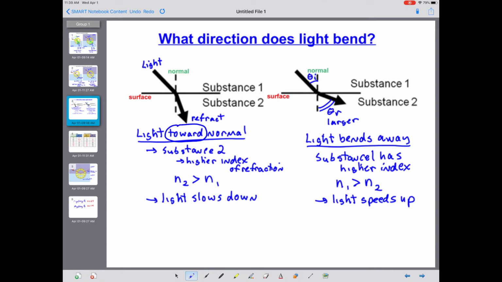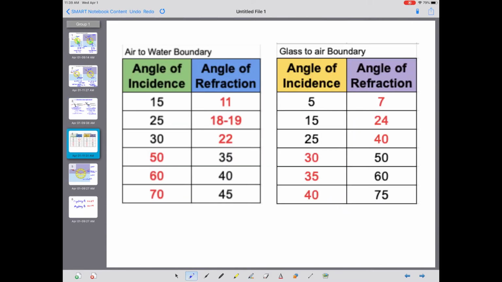When your second substance has an index of refraction that is less than the first substance, you're going into a substance of a lower index of refraction. That means that the light speeds up, and when the light speeds up, it will bend away from the normal.